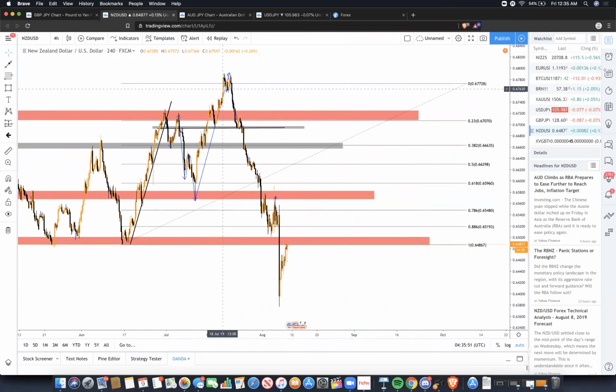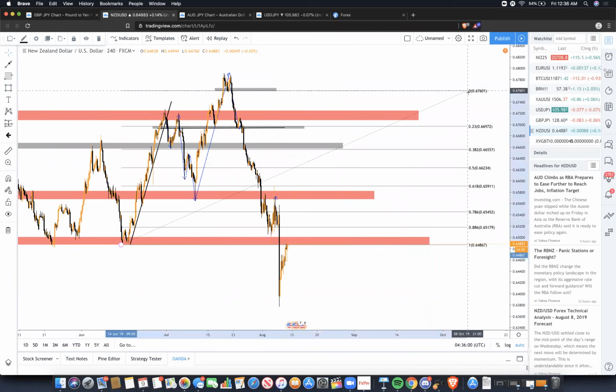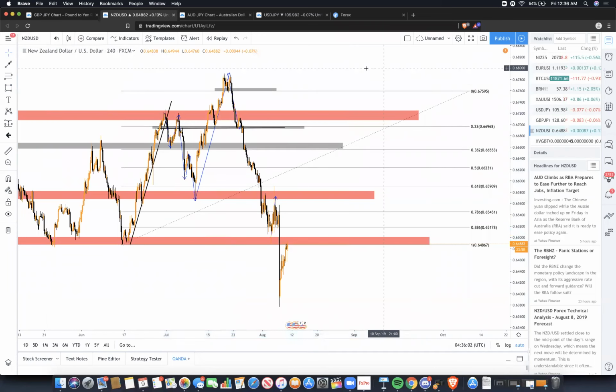So here's my support. Look how clean: when the market shot down, it couldn't break the 23.6%, it respected the zone we have here.